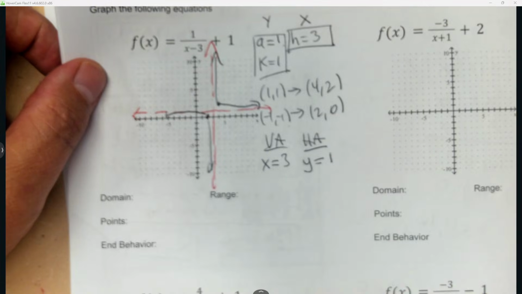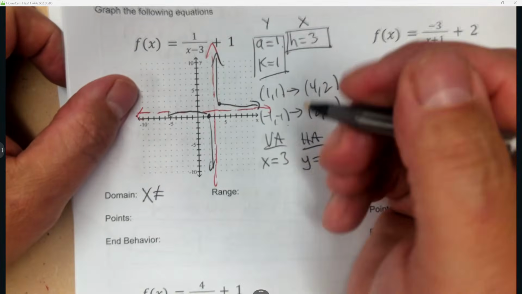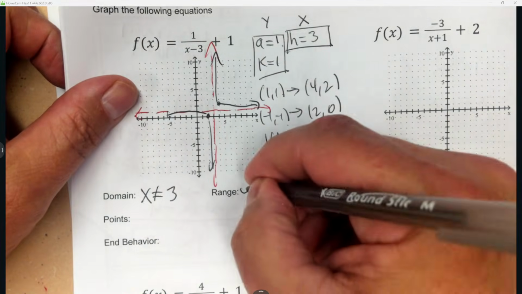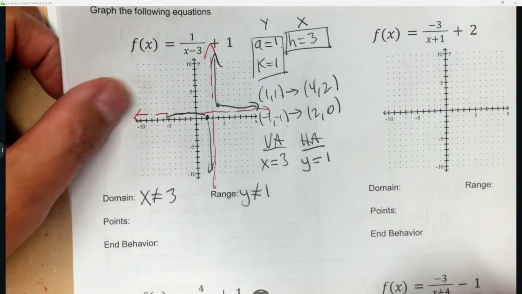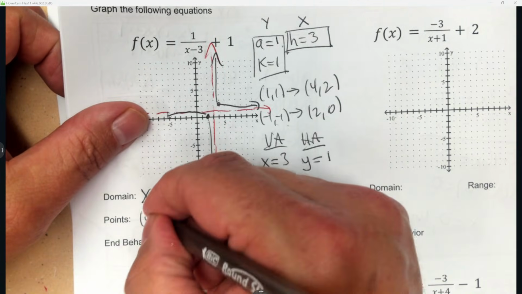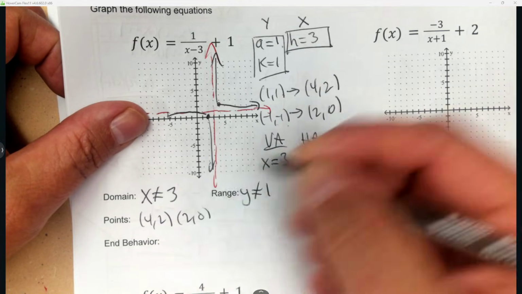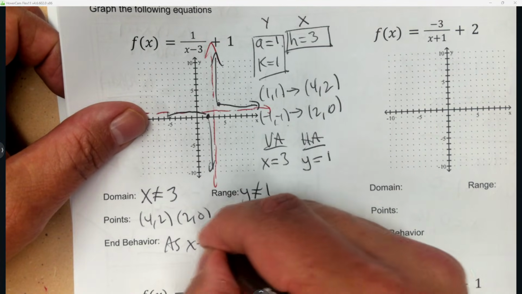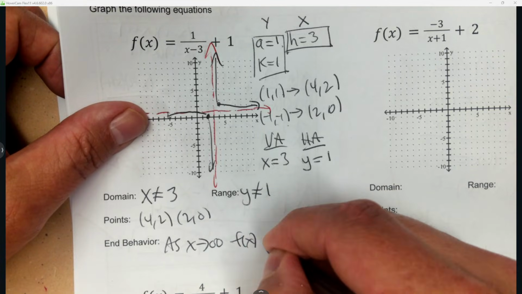And then finish this. So the domain is X can equal H. The range is Y can equal 1. Points we just used were 4, 2 and 2, 0. And the end behavior goes to K. And our K value is 1.